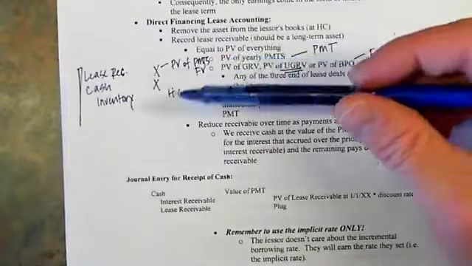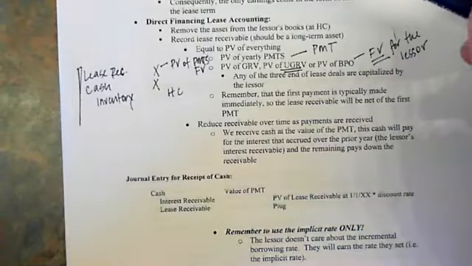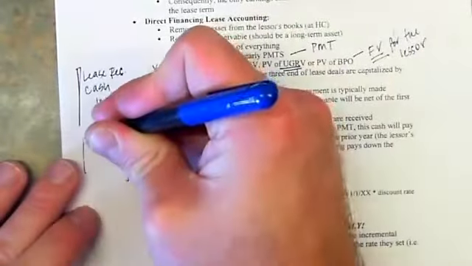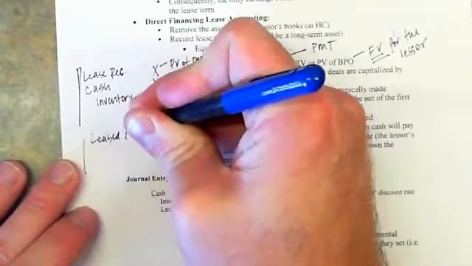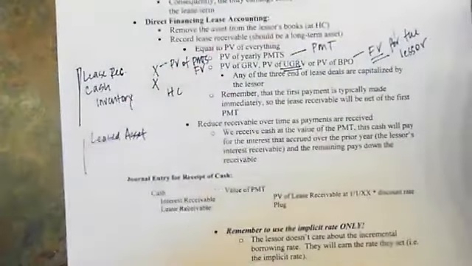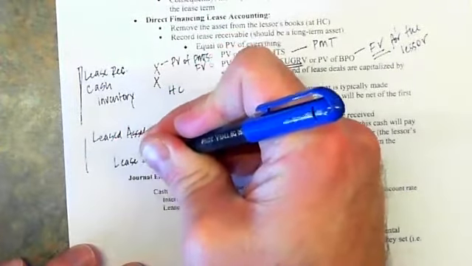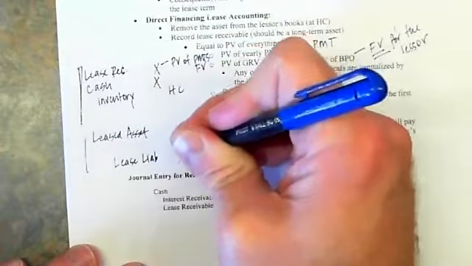And so that's what the initial entry for the lessor would look like, right? Just sort of the flip opposite of what we see with the lessee. The lessee is recording a leased asset coming in. The lessor is recording a leased asset leaving by crediting inventory. The lessee records a lease liability for the present value of the MLPs.